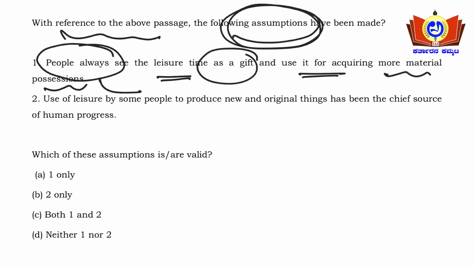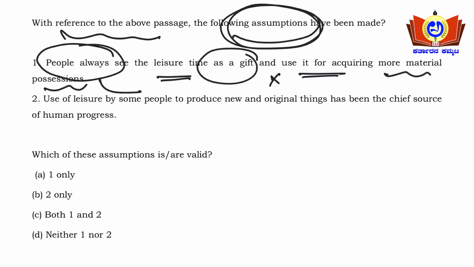But in the passage it says the gift of leisure may be abused by people who have had no experience of making use of it, yet the creative use of leisure by a minority in society has been the mainspring of all human progress beyond the primitive level. So the first statement cannot be the assumption here.